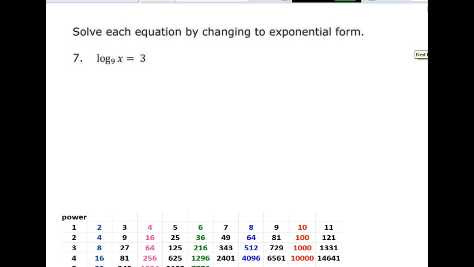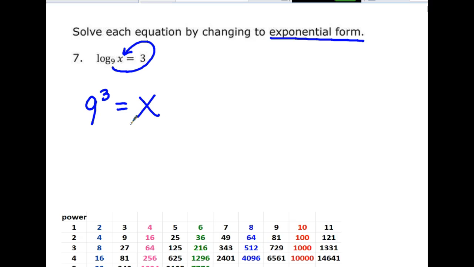And then we have some equations to solve. If it's in log form, to solve it, I'm going to put it in exponential form. If it starts out in log form, to solve it, I am going to put it in exponential form. So what's the base? Base, exponent: 9 to the third power equals 2x.